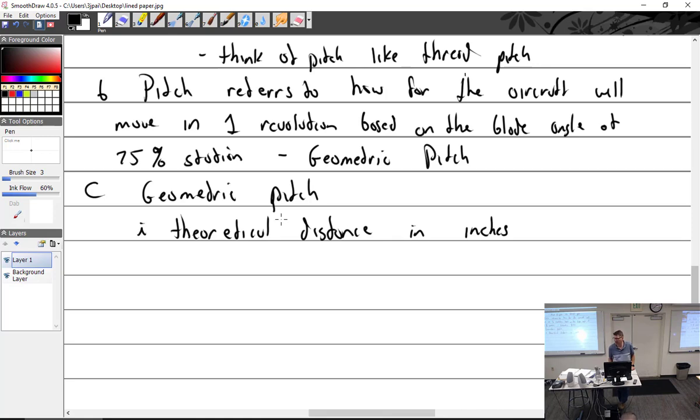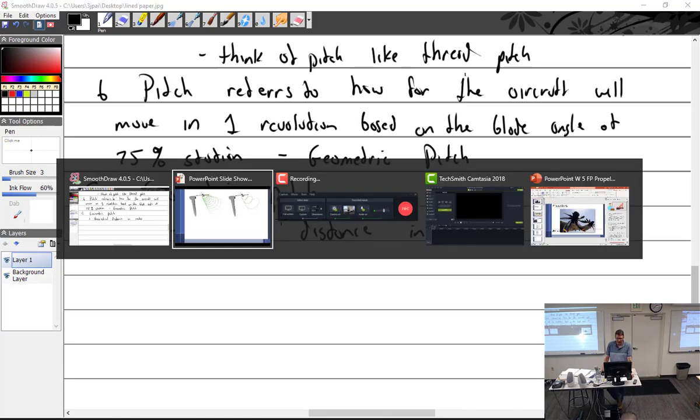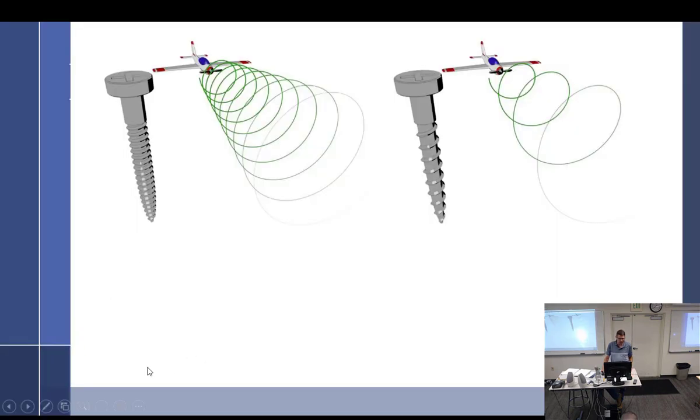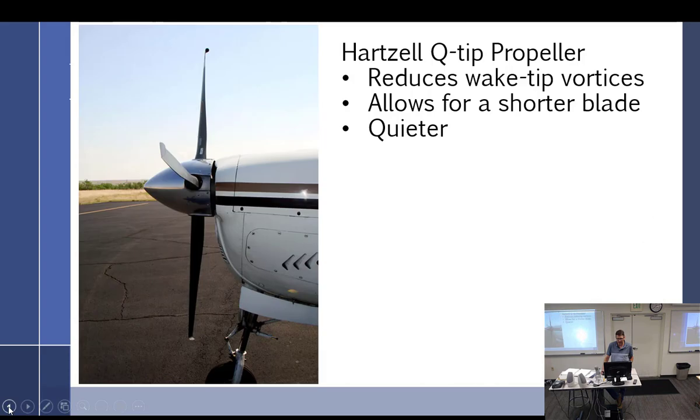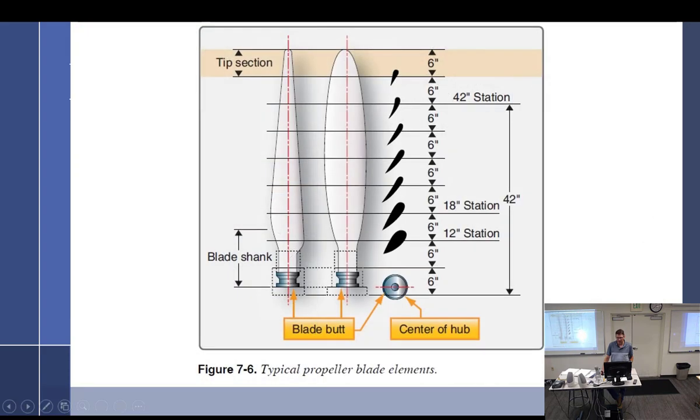Kevin, what do you mean by 75% station? Ah, good question. It's just where they figured out to do this. Let's take a blade. You have all of these different angles all over the place. It's like, well, you pick one. And what they do is they want to pick it at between here and here. That'd be 100%.